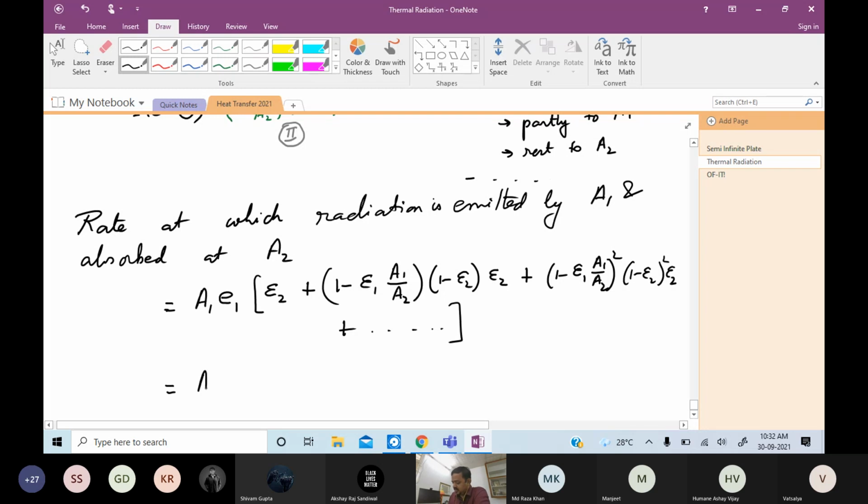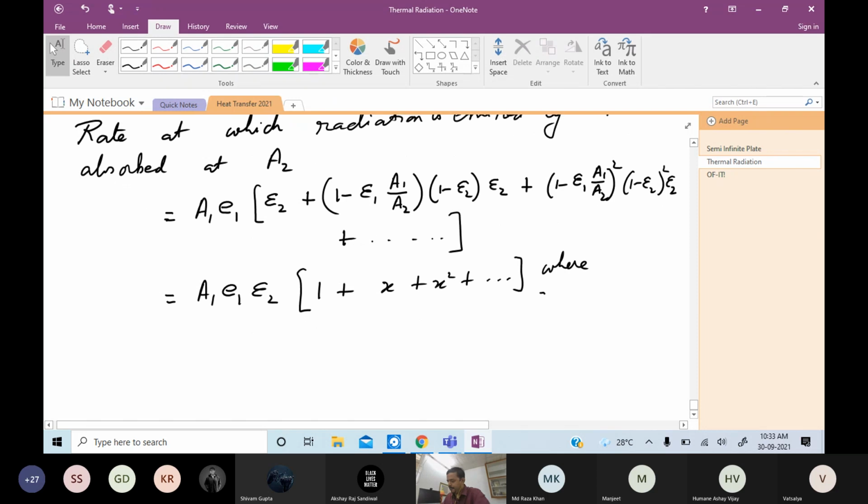Because if I take A1, E1, epsilon 2 out, I have 1 plus x squared plus and so on, where x is equal to 1 minus epsilon 1 A1 by A2 times 1 minus epsilon 2, which has to be less than 1 because each of these is less than 1.